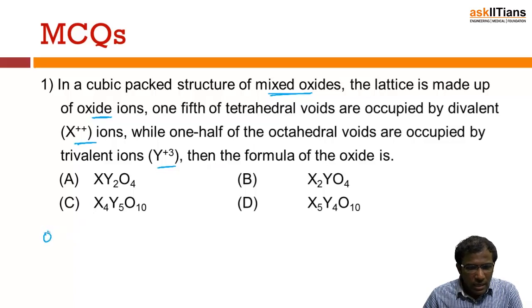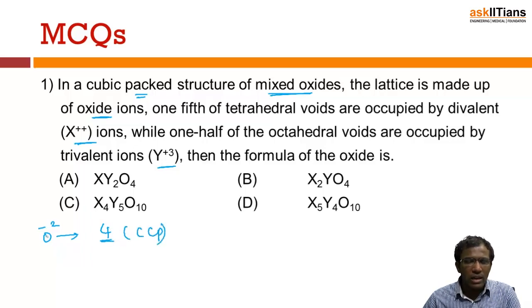It is given that the lattice is made up of oxide ions, right? It is CCP, cubic close packed structure. So the anions take the FCC arrangement, so the number of oxide ions will be 4 because it is taking CCP arrangement. Oxide ions are present at the corners as well as at the face centers. Now the cations are occupying the voids.